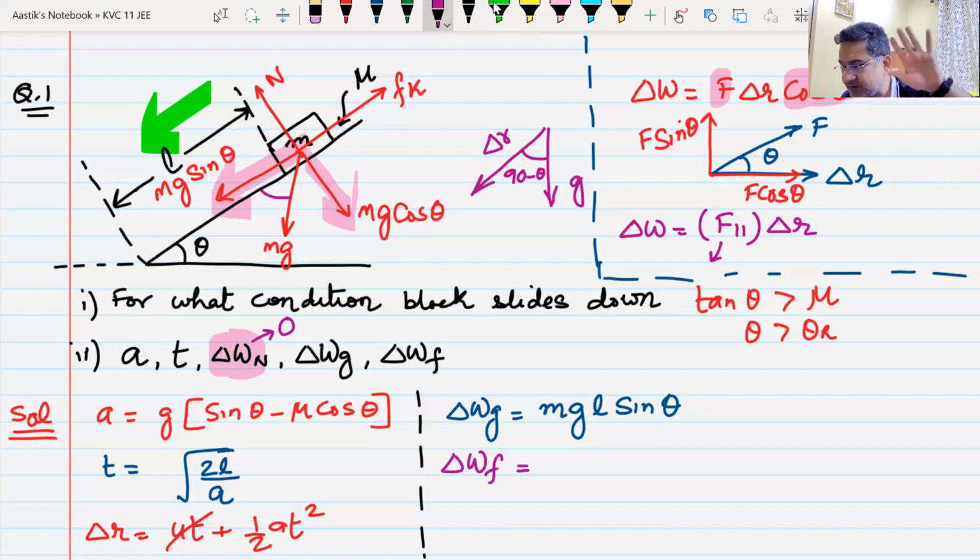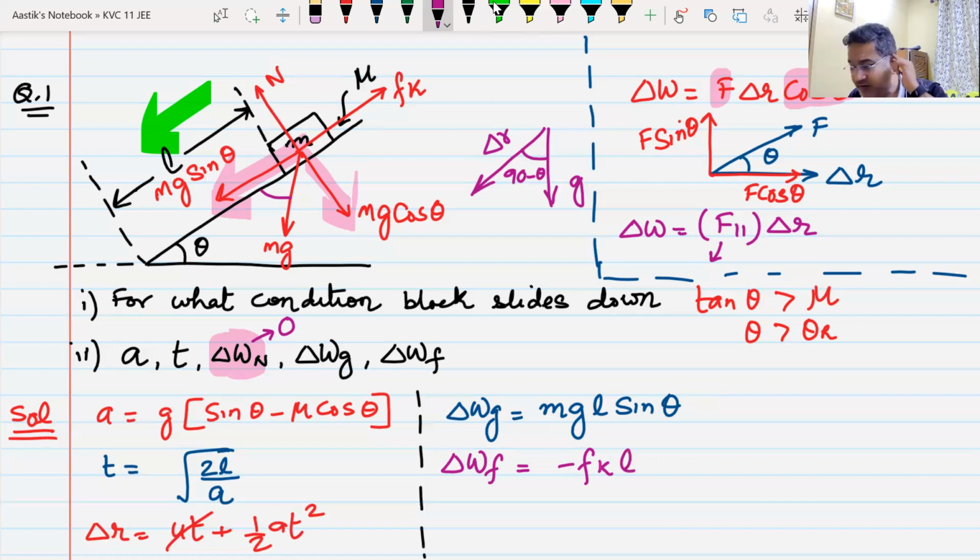What is the work done by friction? Minus Fk into L.